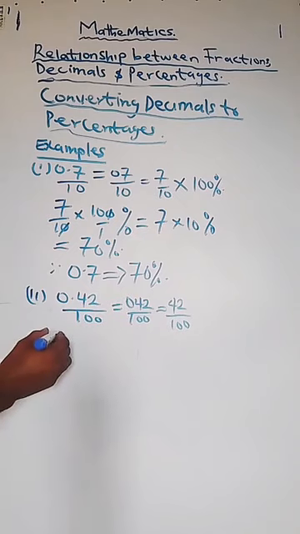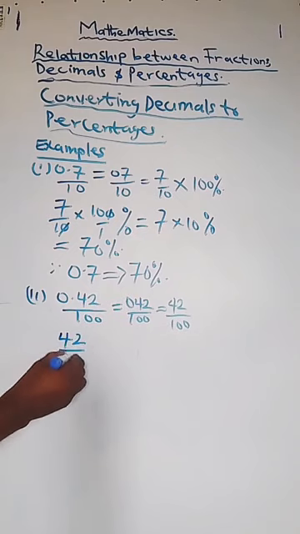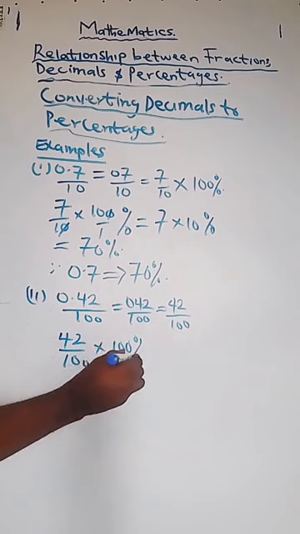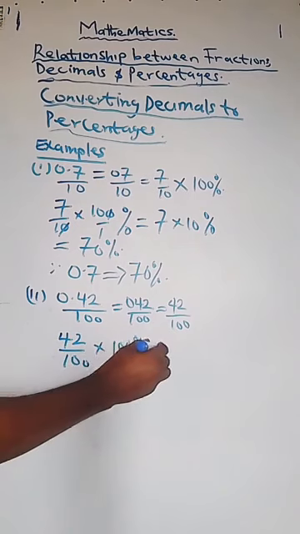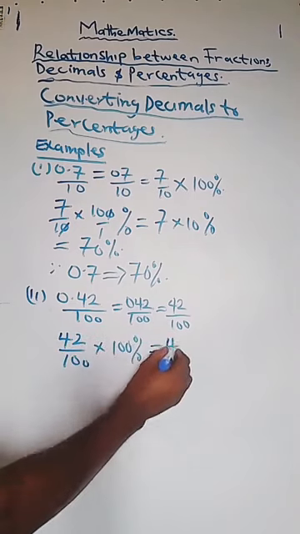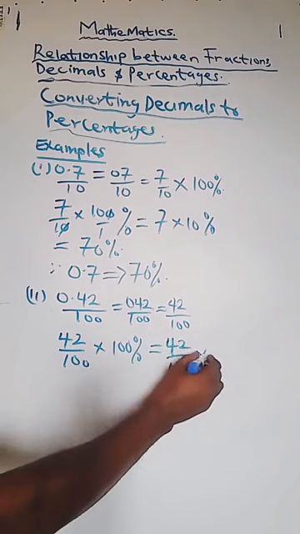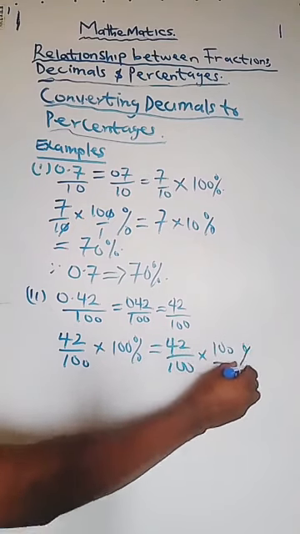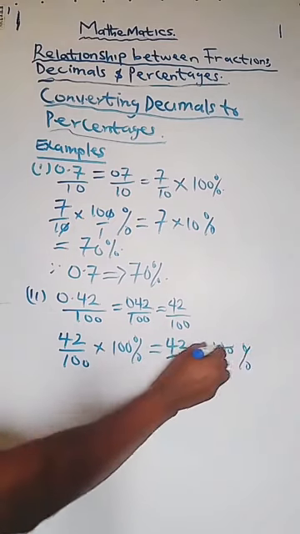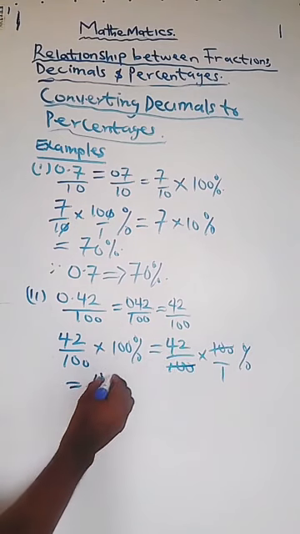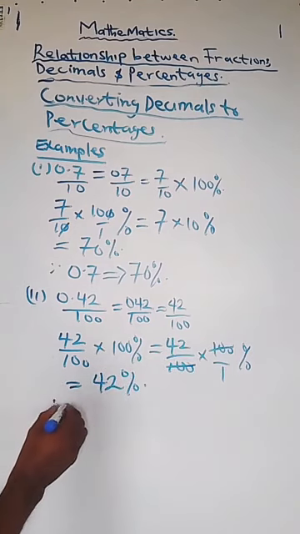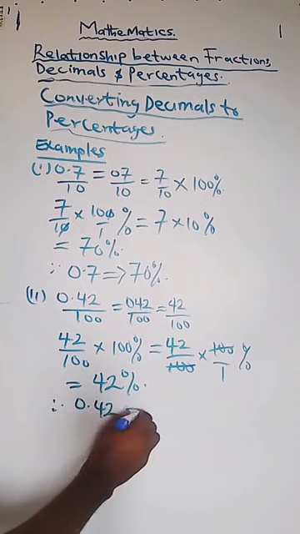So this will now be 42/100 times 100%. So this is 42/100 times 100/1%. So 100 will cut 100. So we have 42%. Therefore, 0.42 is the same thing as 42%.